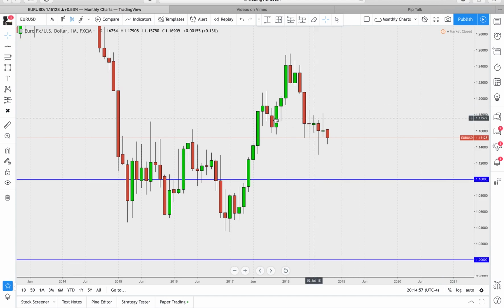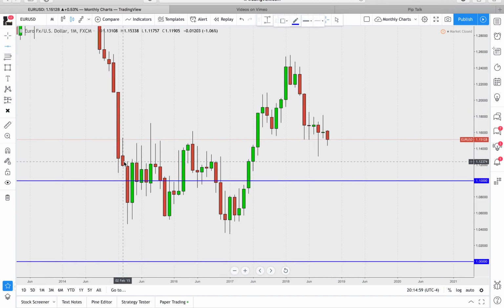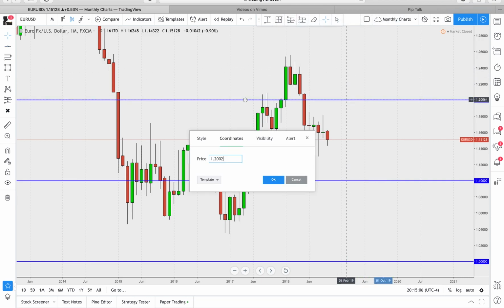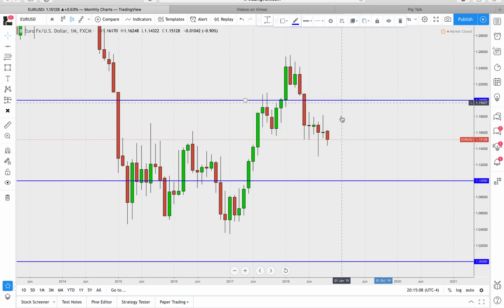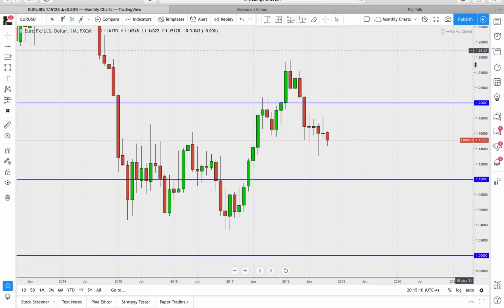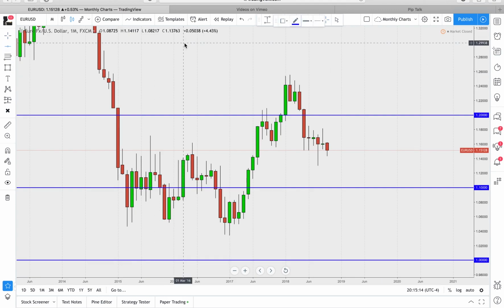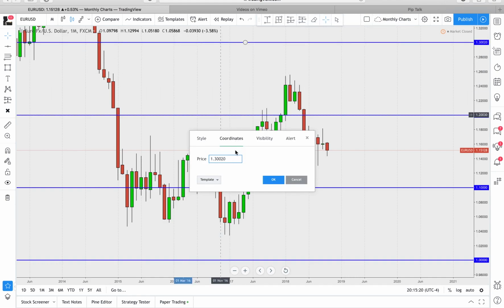So the next major whole figure, the major whole number up from that, would be 1.20 right here. Next major whole number from 1.20 would be 1.30 right here. Double click the line and the coordinates will appear.